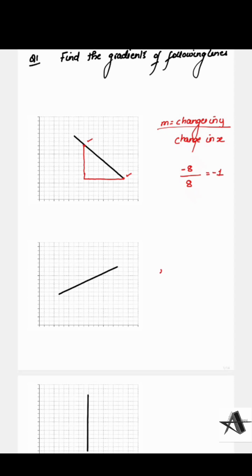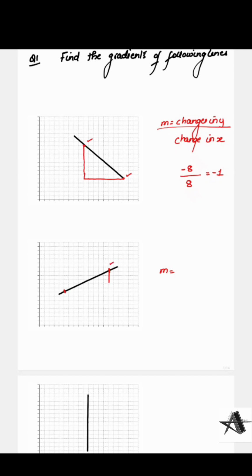Next I have to do the same thing, change in y over change in x. Take two points. Let me pick this point and this point. I can move from this to this or this to this, it's totally up to me.